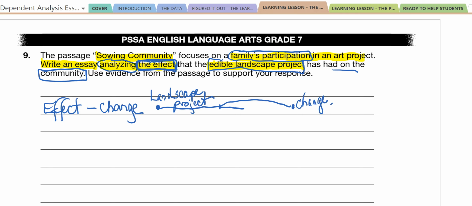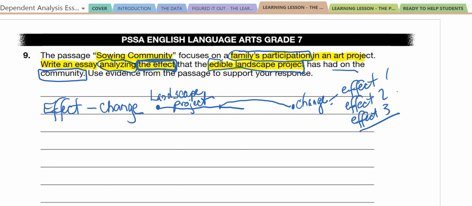And the story is asking, what is the effect? And there can be more than one. So that effect can have lots of pieces and parts. So it can have effect 1, effect 2, effect 3. Okay, so it can have more than one.